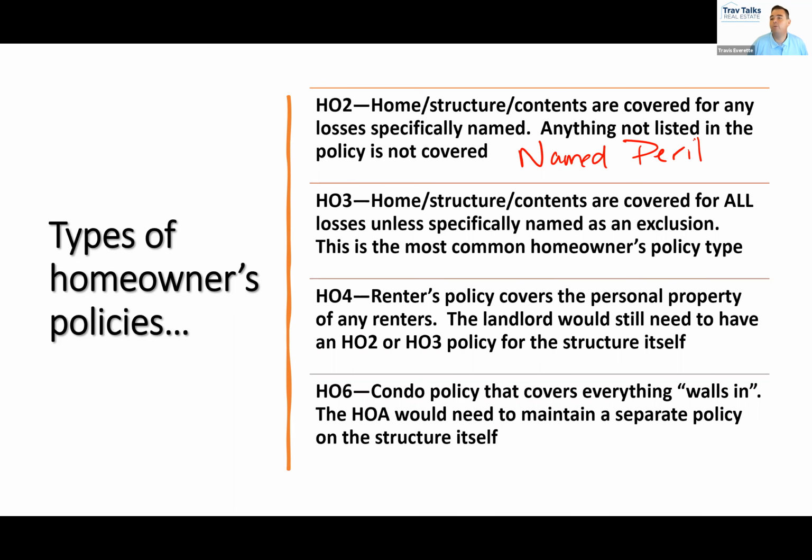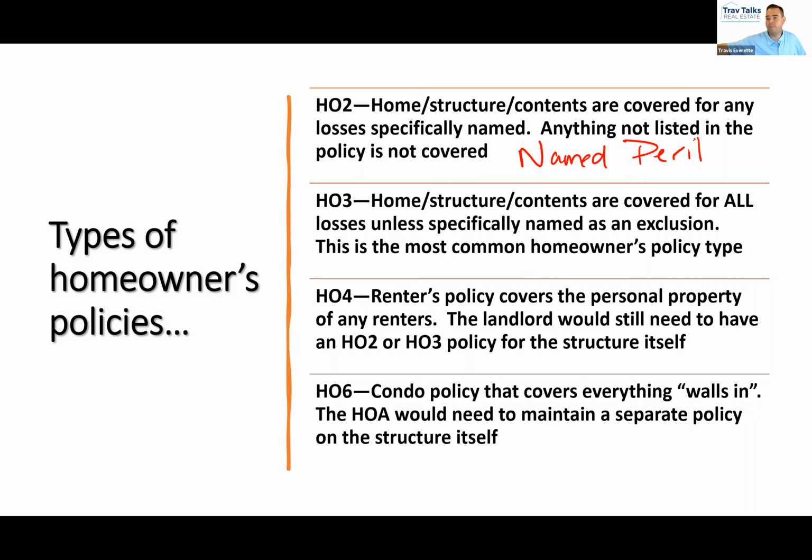That is not the most common way of insuring property. The most common way, and you want to tie this back to an earlier idea in the class, is almost like fee simple determinable versus fee simple subject to a condition. One of them is very specific about what you can do, what is covered, and the other one says everything except this.